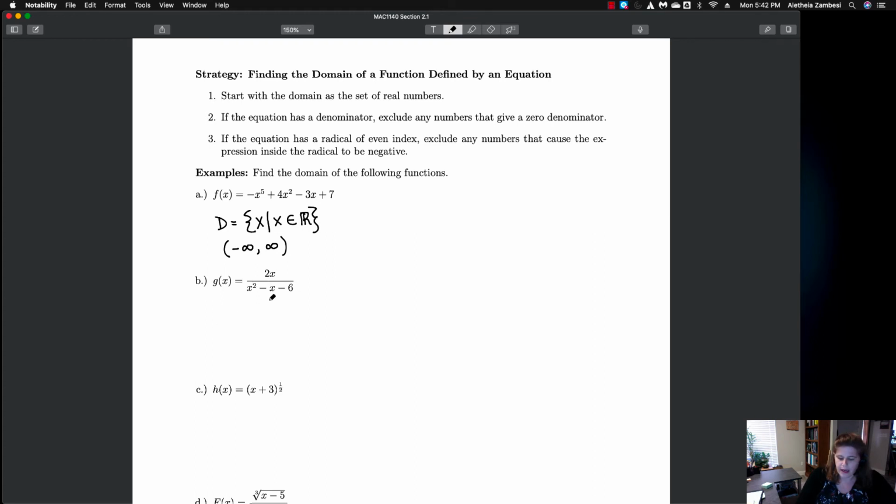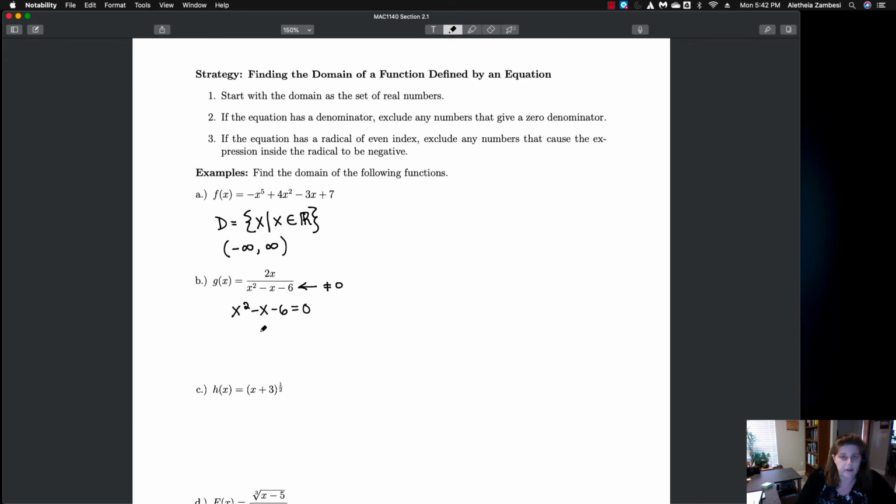The next one has a fraction. We have g of x is equal to 2x over x squared minus x minus 6. Since we have a fraction, we cannot have the bottom of the fraction equal to 0. So in order to figure out what values we need to exclude, we're going to set that equal to 0 and solve for x. So x squared minus x minus 6 is equal to 0.